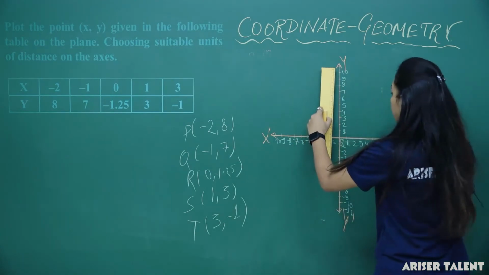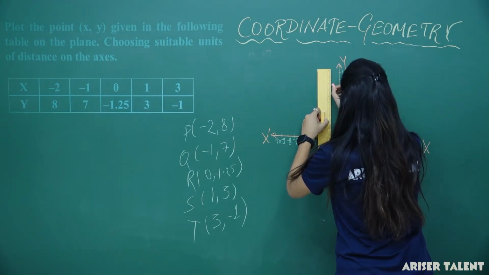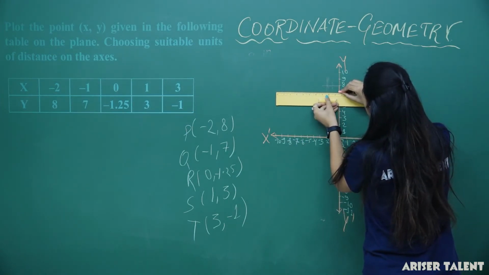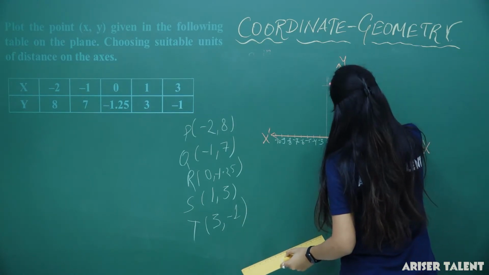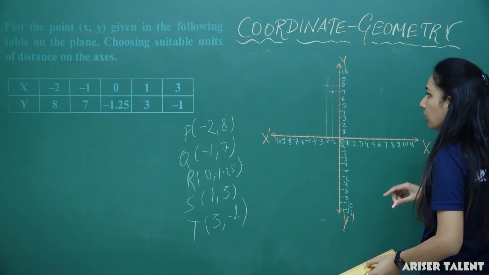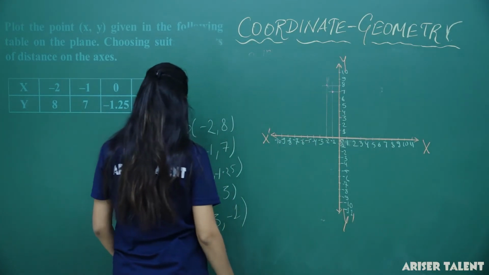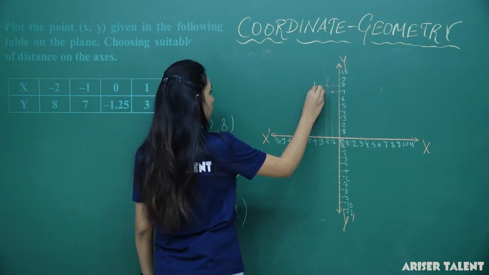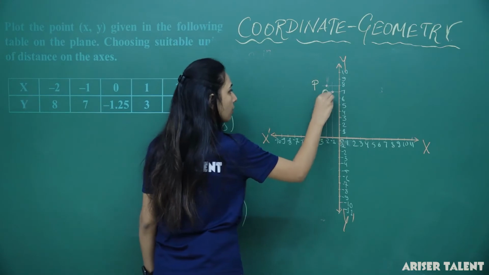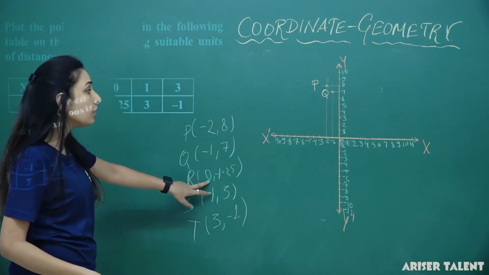So -1 here and 7, right? So this is the second point. Okay, then the third is 0, -1.25. Let me first name them as P and Q. So this is P, this point, and this point is Q.